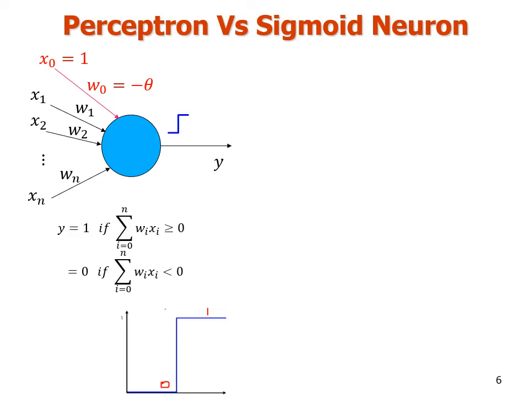So the basic perceptron is using the thresholding function as the activation function, and as we have discussed earlier, the thresholding function is not differentiable and it is not suitable for the algorithm like gradient descent.